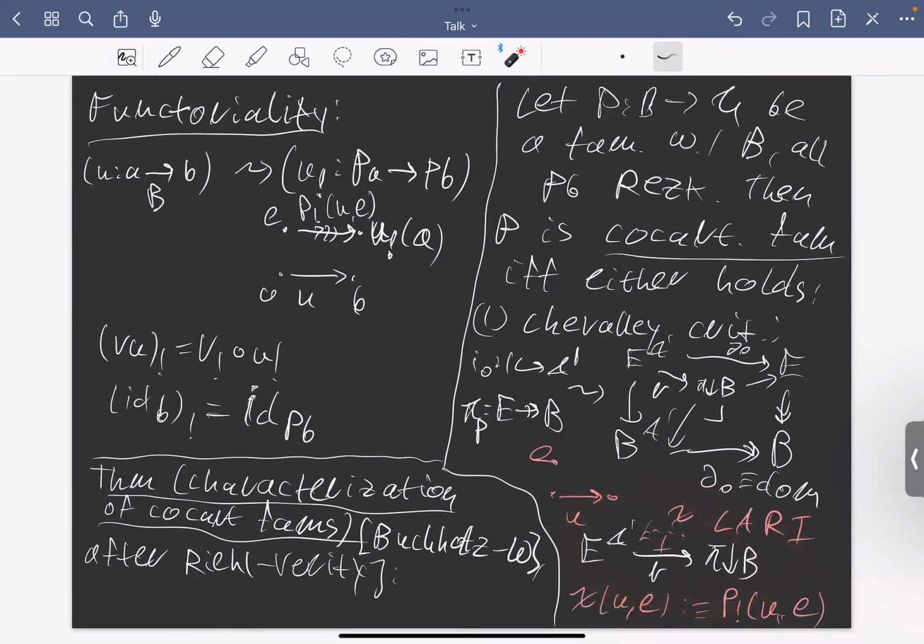So instead of assigning to this data the whole arrow like this, you assign to this data only the endpoint here, but still you do it in such a way using a fibered adjunction that it's going to end up giving you the right thing.